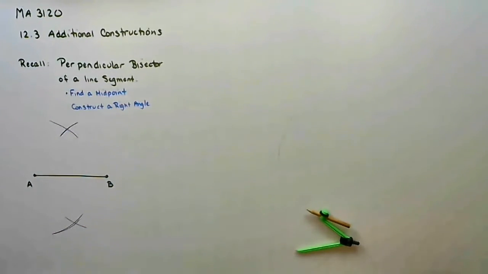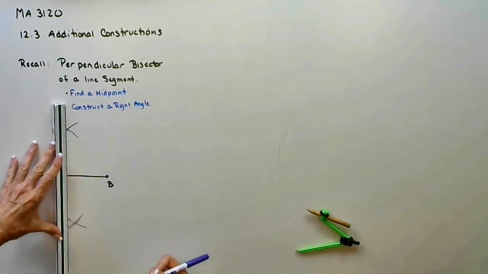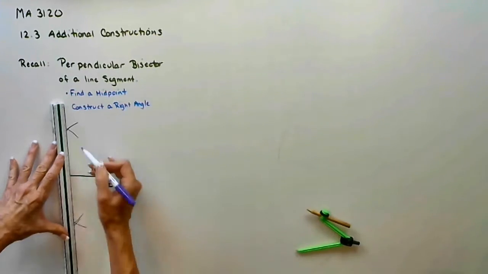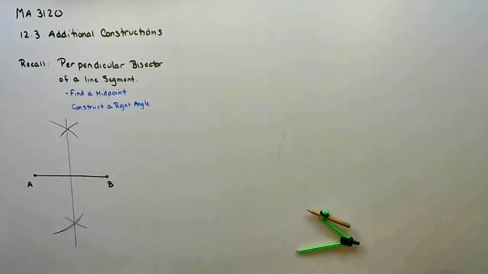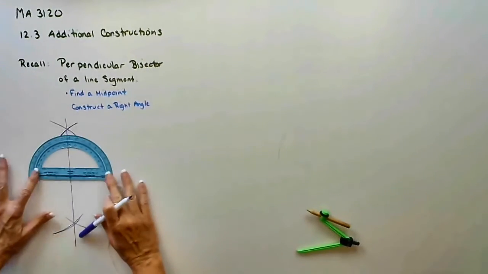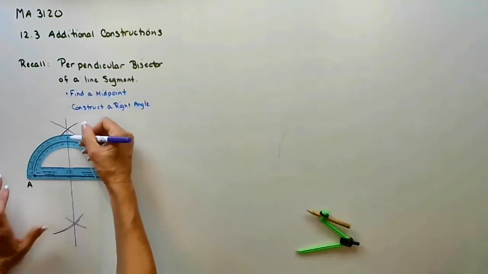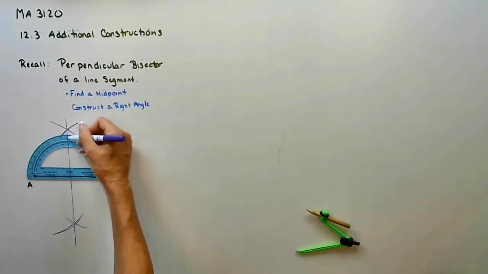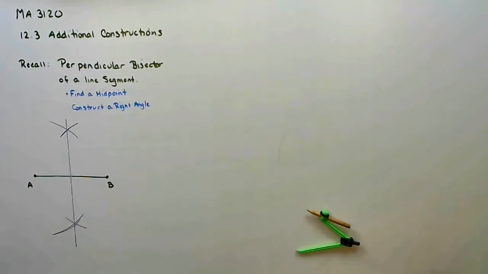And what you'll notice is when you combine these together through those points of intersection, you have created a line, which if I grab my protractor, should be pretty spot on. That's pretty close to 90 degrees. I'm off by just a hair. Okay, it's probably from the slipping. So we have constructed a perpendicular bisector.